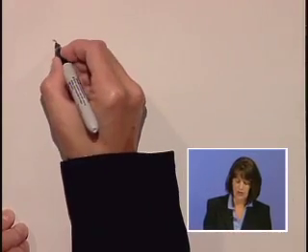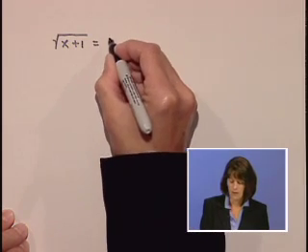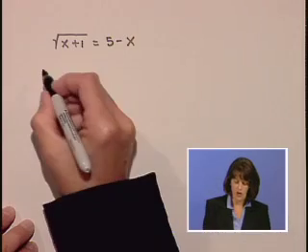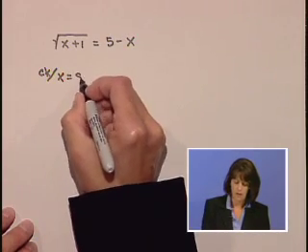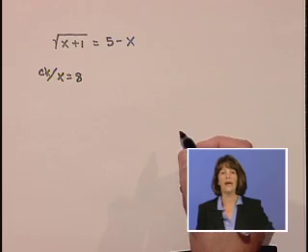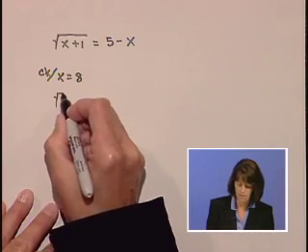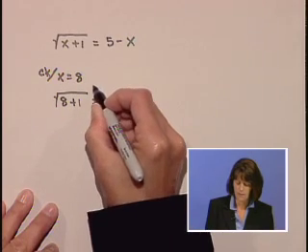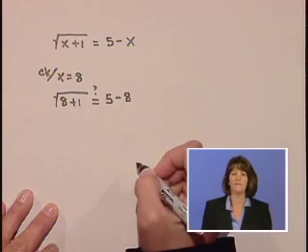Our original equation, again, is the square root of x plus 1 is equal to 5 minus x. Let's check the possible solution x equal 8. By substituting it into that equation, the square root of 8 plus 1, is that indeed equal to 5 minus 8?